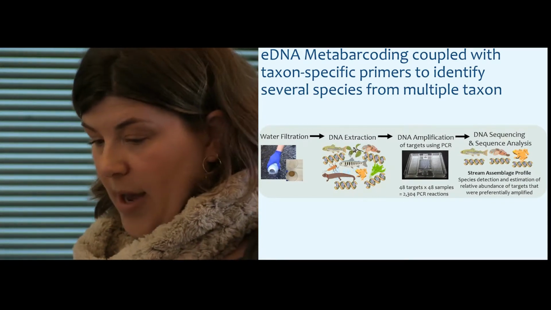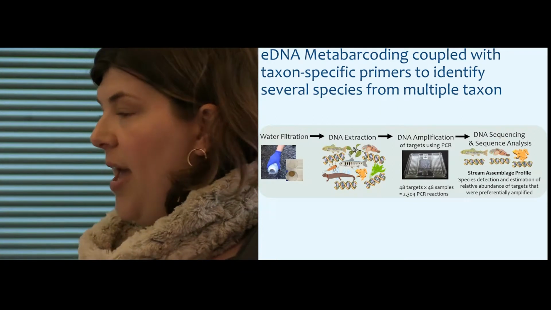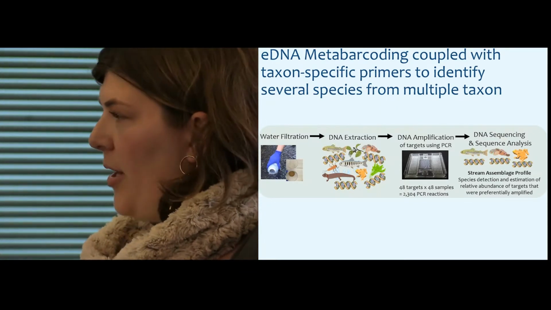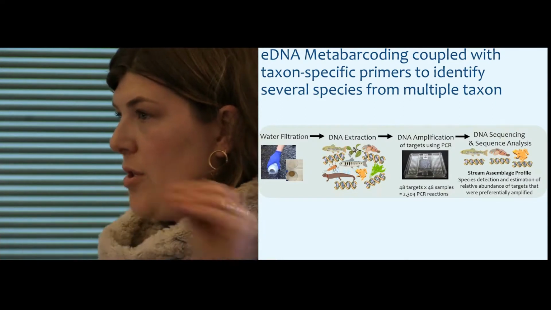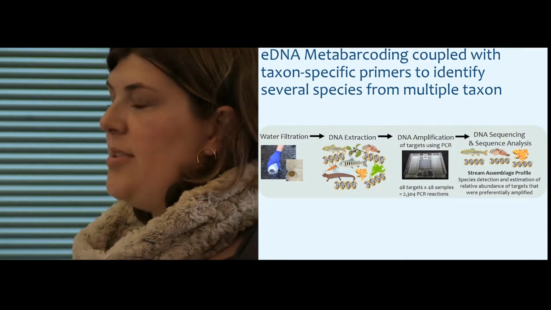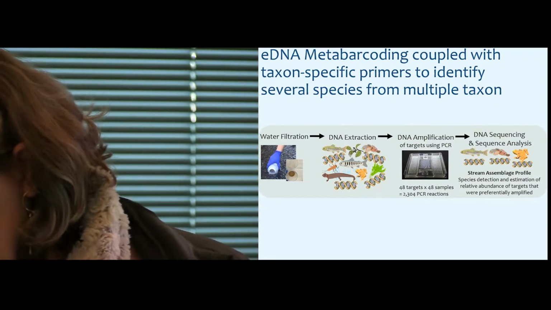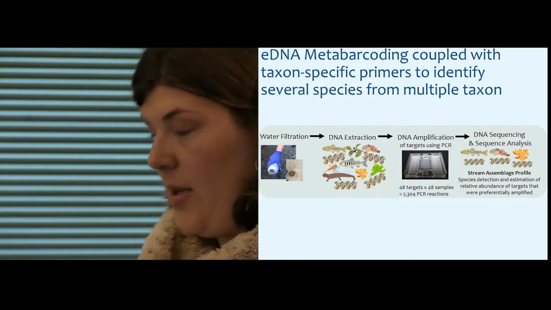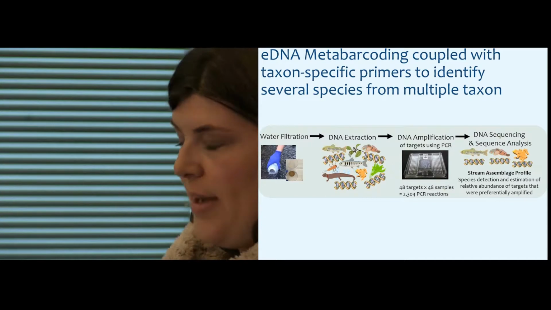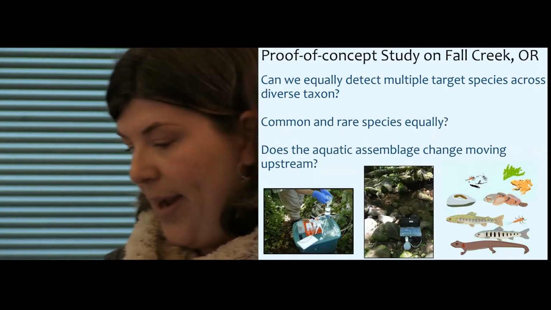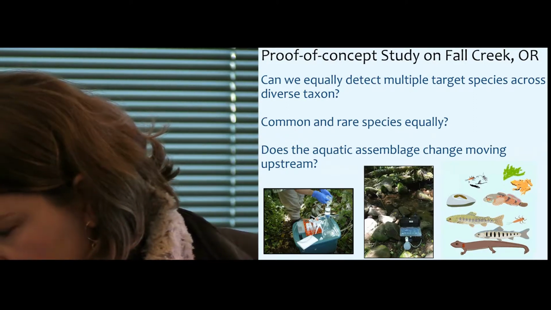So we do an amplification and then a sequencing. And so we're amplifying the species which we're targeting. So we are again using those metabarcodes as well as some taxon-specific primers. And the idea is that in the end, we have this stream assemblage profile of the different sequences that we asked for, and we're able to get the detection and estimation of relative abundance.